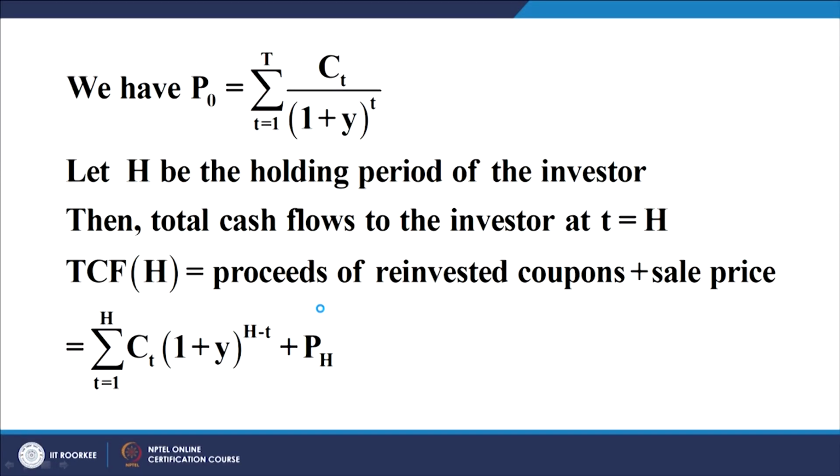So, this is one part of the income that he would get, and of course, the second part of the cash flows would arise from the liquidation of the investment, selling of the investment in the market, and which would be the price of the bond at t equal to H, which I write as P suffixed with capital H. The first term in this equation, let us call it equation 1, are the proceeds of the reinvested coupons at the rate y up to the time of liquidation of the investment, that is t equal to H, and the second is the price that the investment would fetch in the market at t equal to H, which I call PH.